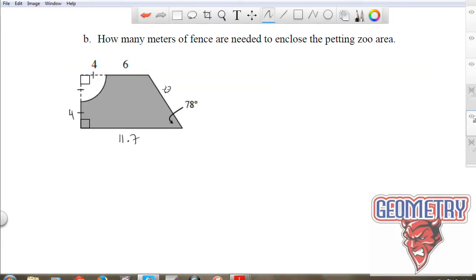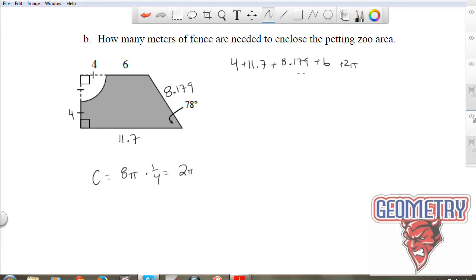So we have the straight section of 4, the straight section of 11.7, this straight section of 8.179, a straight section of 6, and then we have this curved portion, which is 1/4 of the circumference. Circumference is pi times the diameter. Diameter would be 8, so the circumference is 8 pi. But we only want 1/4 of that. So 1/4 of 8 pi is 2 pi.